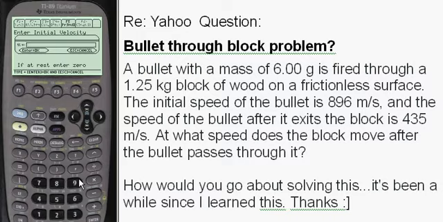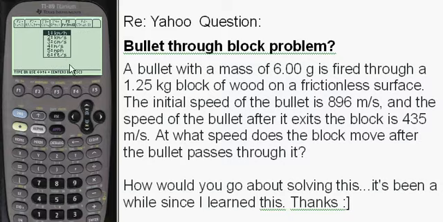I'm going to enter the initial velocity of the bullet, alpha 896 meters per second, number 4. It's going to the right of the x-axis.